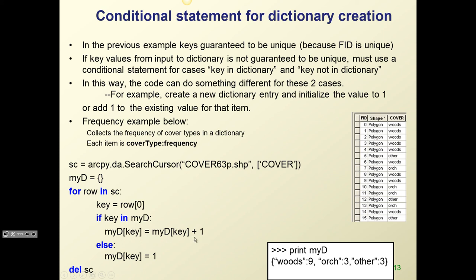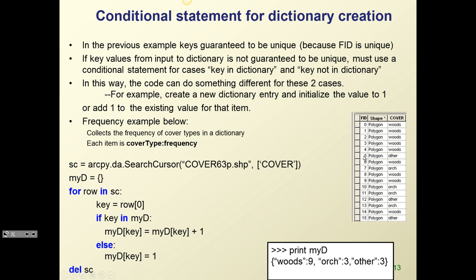So when we look at the dictionary, it'll be curly braces woods : 2. So is this basically counting how many woods there are? Yep. It goes through and counts how many woods, so it'll count up and get 5 after row 4.